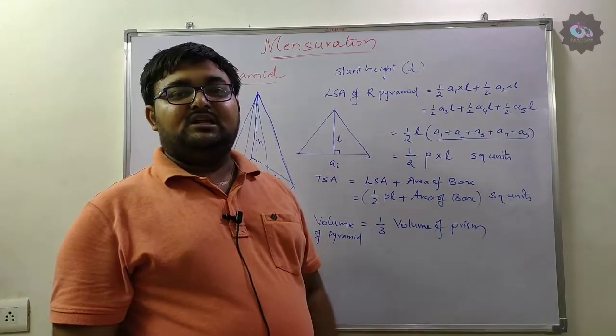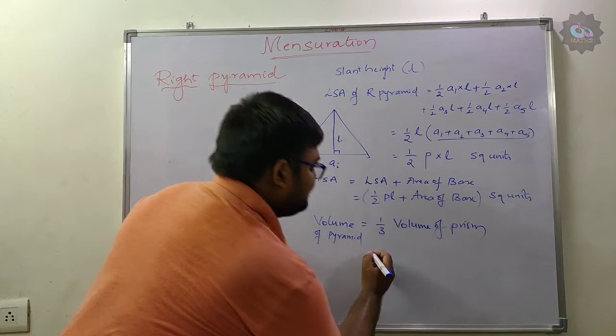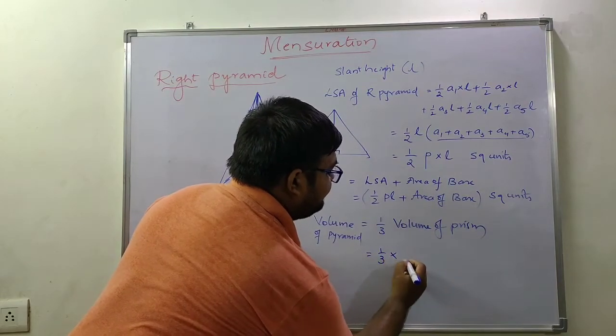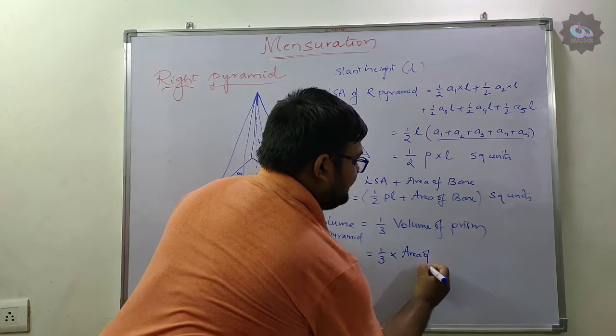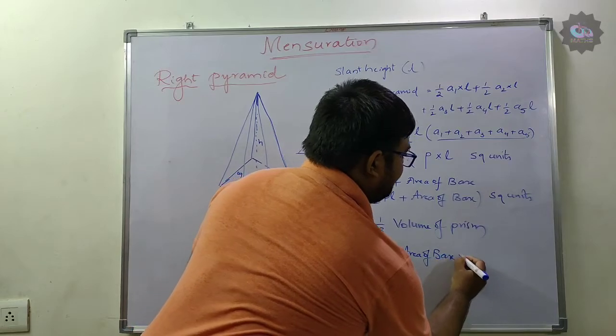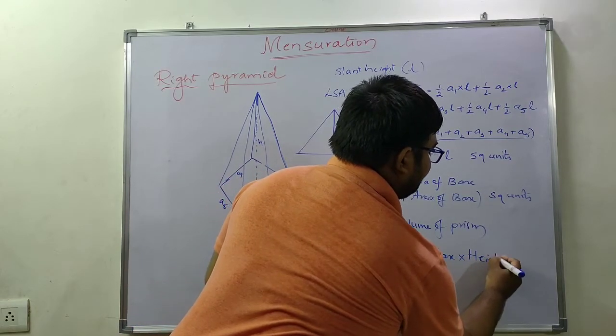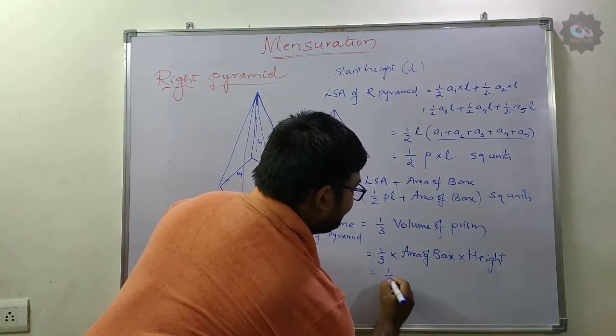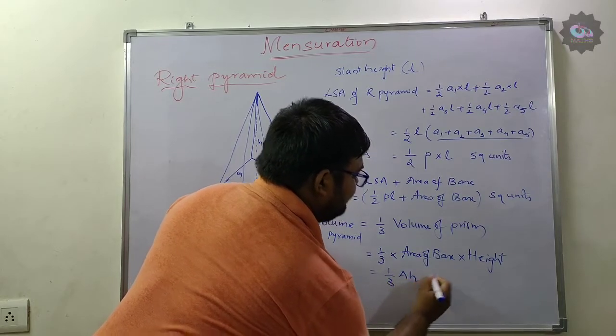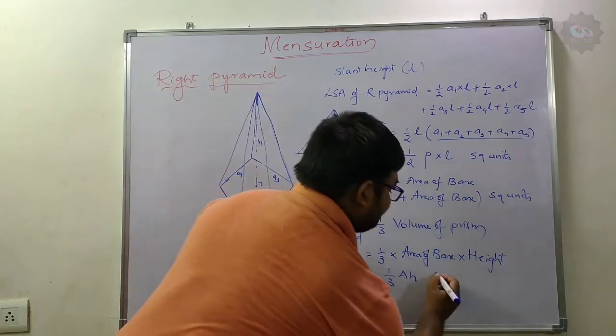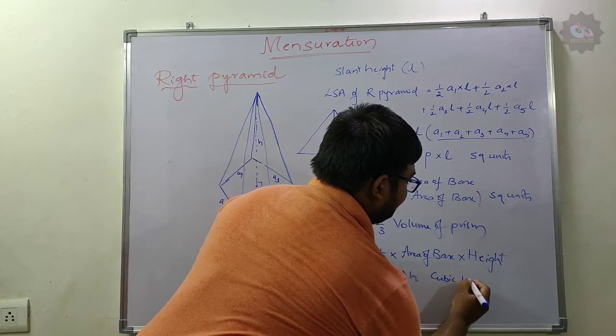What is the volume of prism formula? The volume of a prism is the area of the base into height. So in short I can write it as 1/3 into A into H. This is in cubic units.